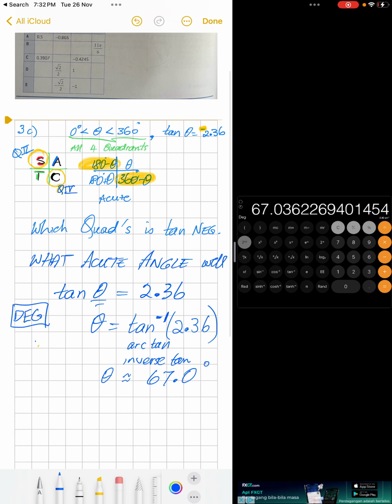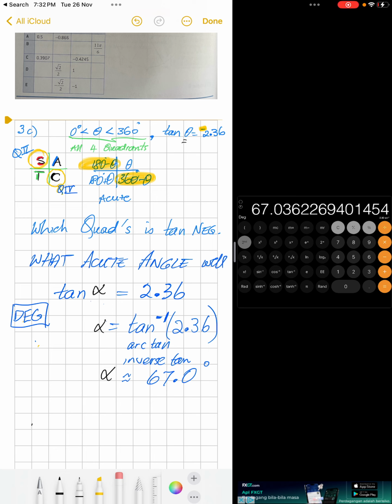Good. Now we've already established our angles are in quadrant 2 and quadrant 4. I'm going to change theta because I'm going to give an acute angle alpha, because our answer, we need to find theta.